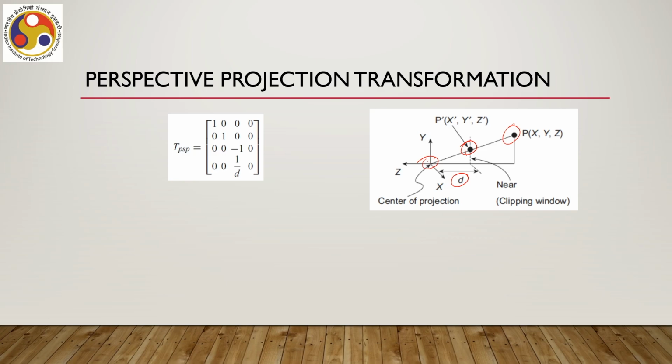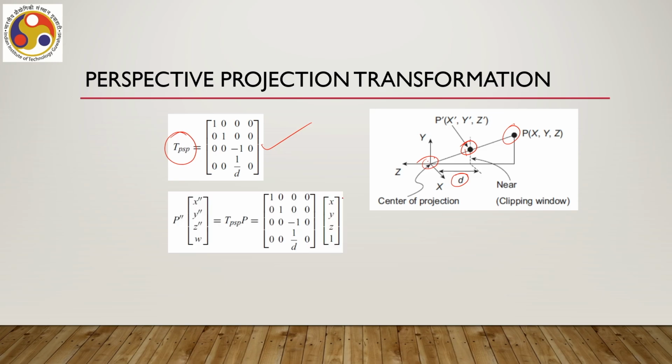However, that is not necessarily the case always, but let us assume that D is the distance from the clipping window to the center of projection. In that case we have a perspective projection matrix in this form shown here, which is a bit more complex as compared to the parallel projection matrix.